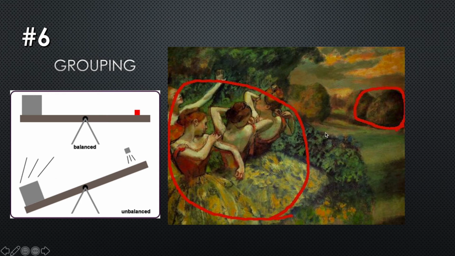Let's take a look at this famous artwork. We've got a grouping of these ballerinas and a grouping of these really dark bushes. We have a size difference that the artist has to contend with, and the way he balances them is by making light, brighter skin on these ballerinas, and darkness to make this visually heavy.